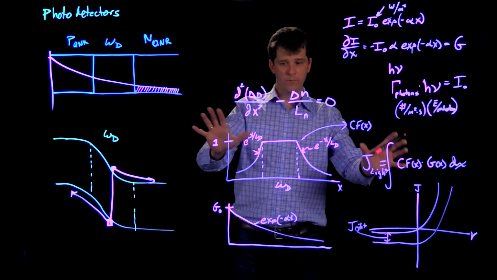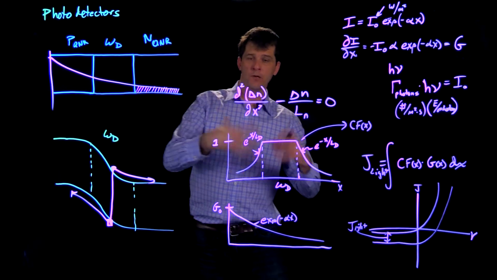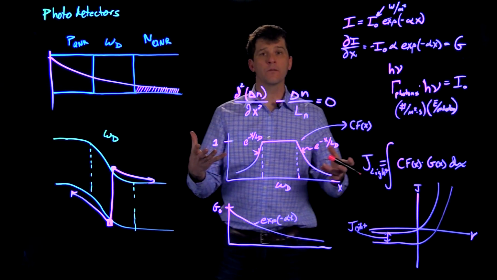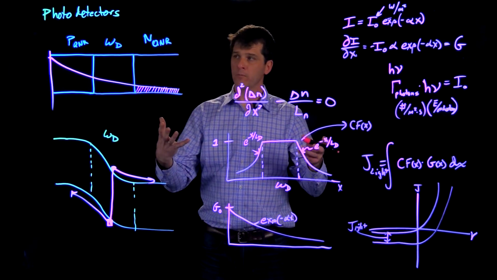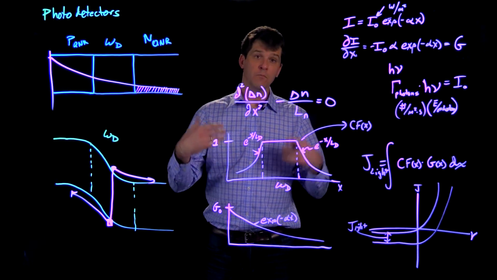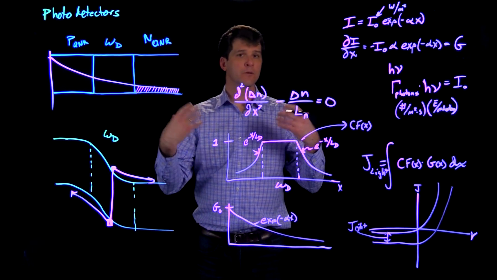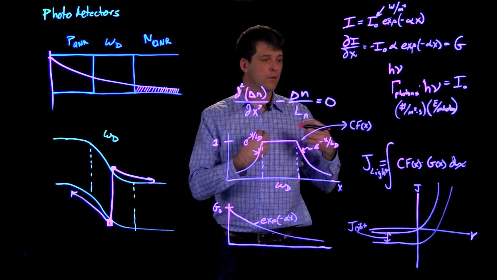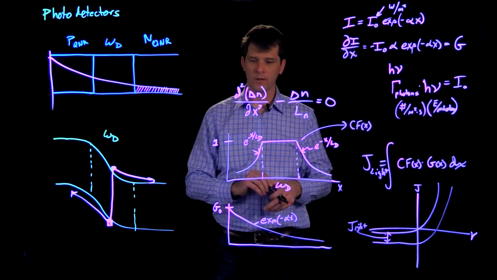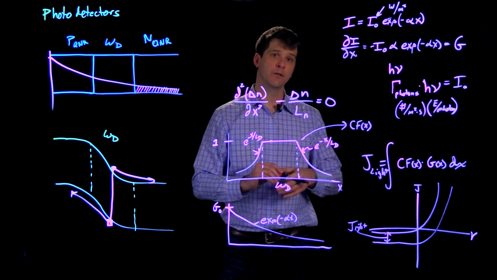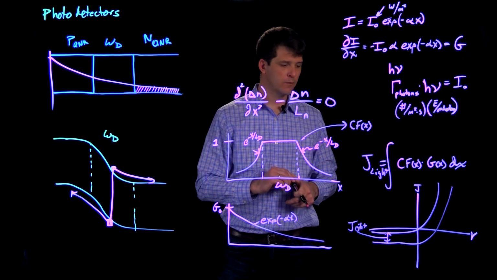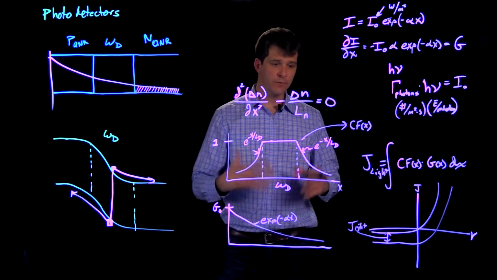So this formalism holds for any device that's operating based on a p-n junction. So both simple photodetectors as well as photovoltaics or solar cells can use this same formalism to figure out how much current is collected as a function of bias.